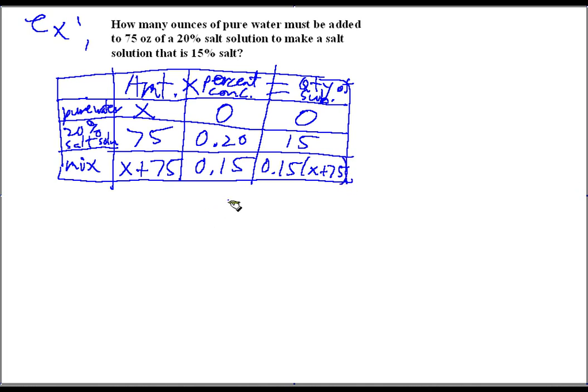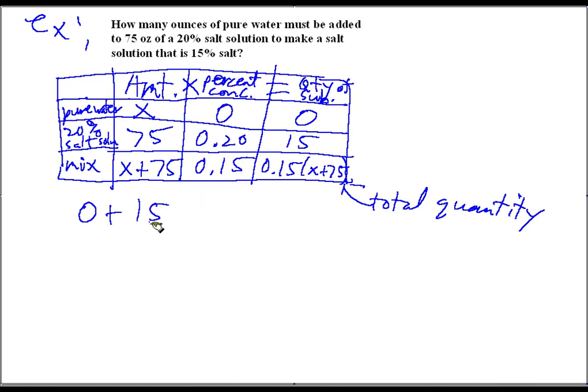All right? Again, the quantity of substance in the mixture is the total quantity. So that means what? That means we get out of it what we put into it. So therefore, it's going to be 0 for the quantity from the pure water, 0 salt there, plus 15 ounces of salt from the 20% salt solution.